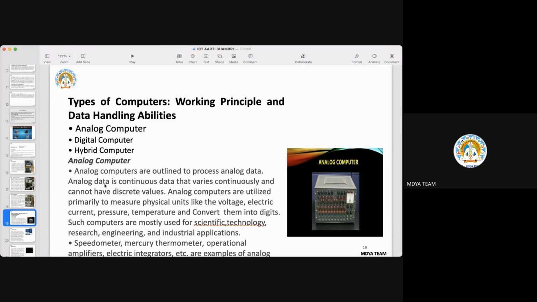The pressure is continuously monitored, like your blood pressure in the health sector, where they use the continuous version to see how it varies. Also the temperature of your body, your room, your environment or the earth. It's a continuous measurement, a continuous process, and then it is converted into digits and processed accordingly.